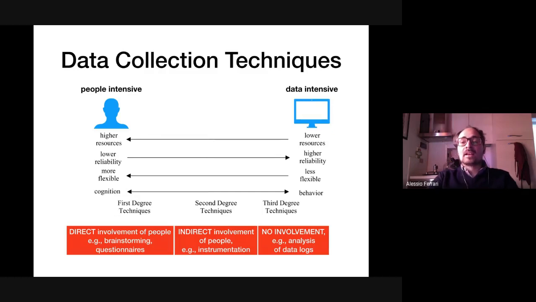This means that you also have to deal with this aspect. We will see some issues related to the large amount of data that you have to deal with later on. And these data intensive techniques are more related to behavior than to cognition, because you are observing the data. So you are observing the traces that people leave in the software, or in the interaction with the system.